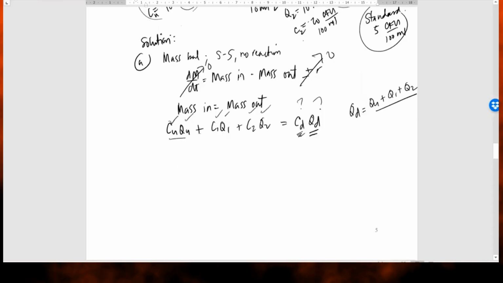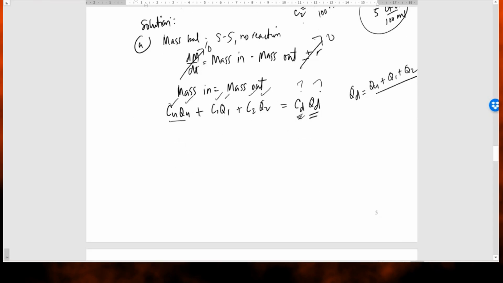So from there, we can input all necessary values.